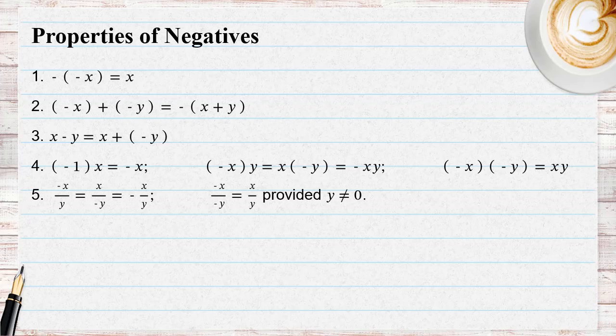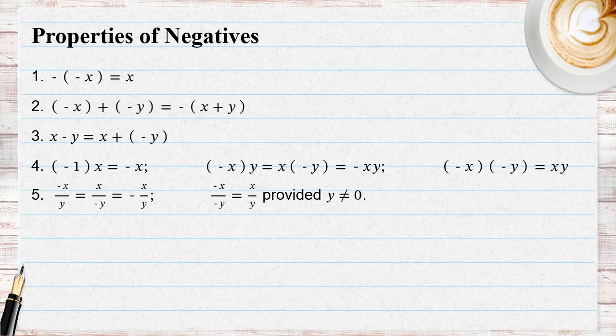Negative 1 times x is equal to negative x. Negative x times y is equal to x times negative y, which is equal to negative xy. Negative x times negative y is equal to positive xy.